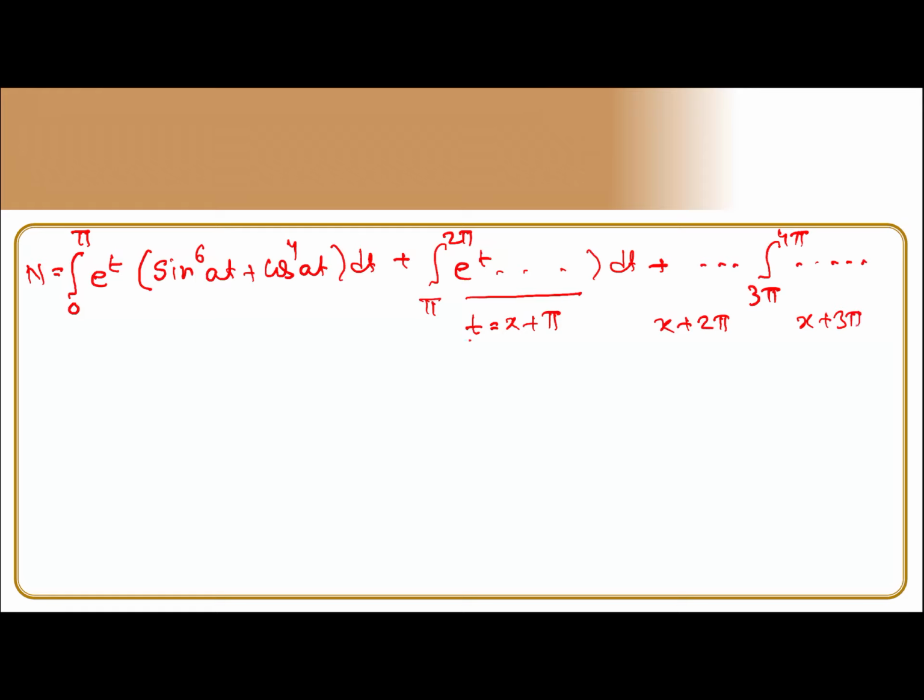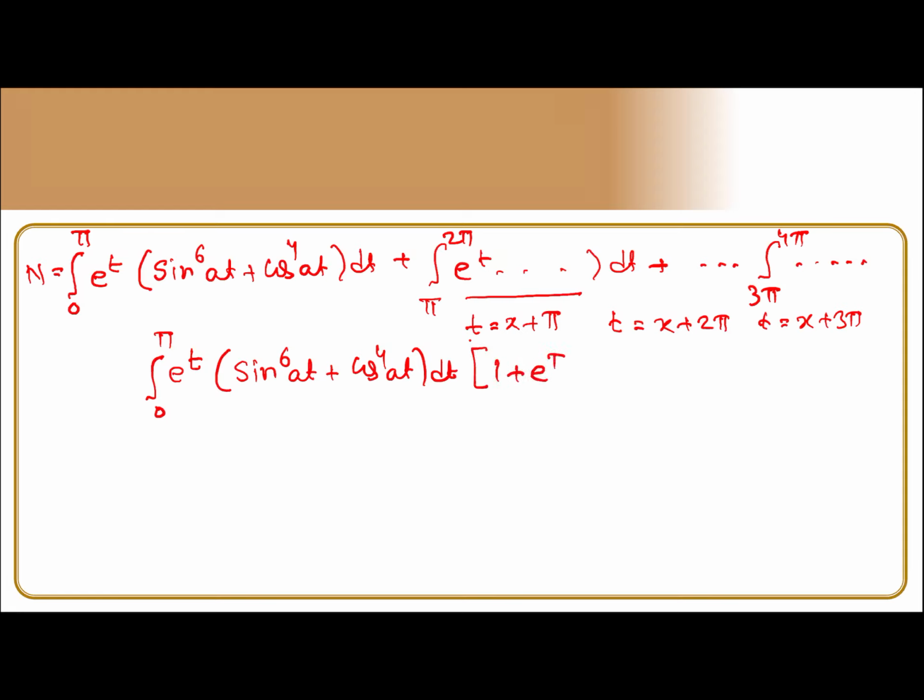So t is equal to x plus pi, and t is equal to x plus 2 pi. Here t is equal to x plus 3 pi. So finally what we get is, when we do this, we get 0 to pi e to the power t, sine to the power 680 plus cos to the power 480 dt.